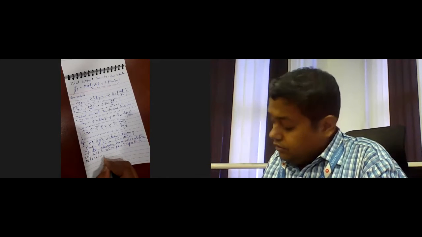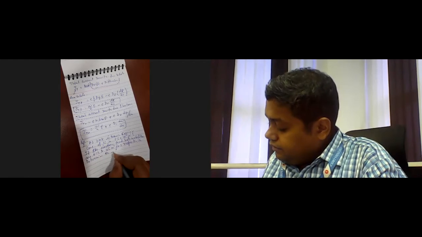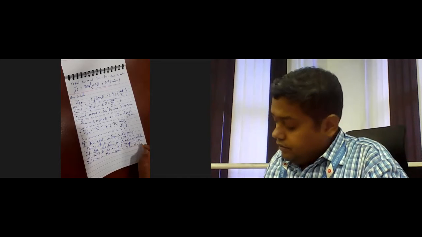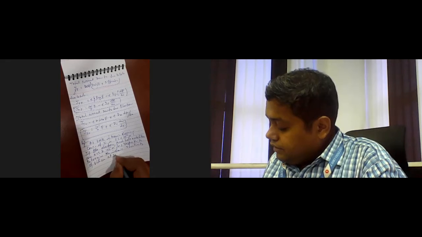determine the intrinsic resistivity of silicon at 300 Kelvin. I repeat again the problem.